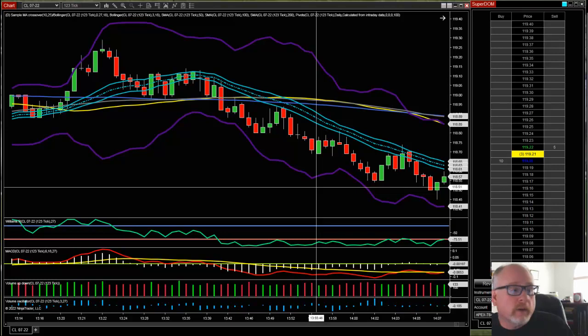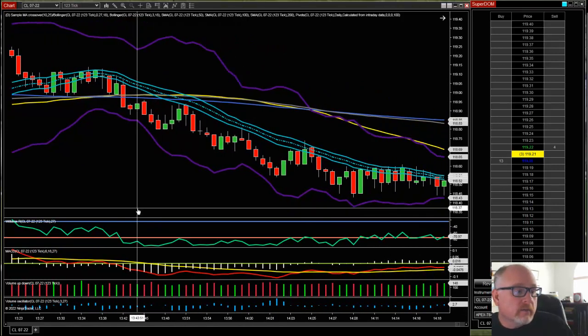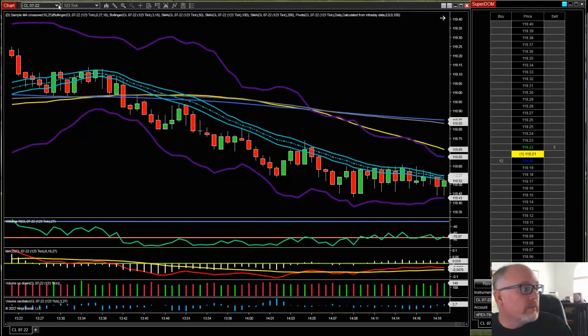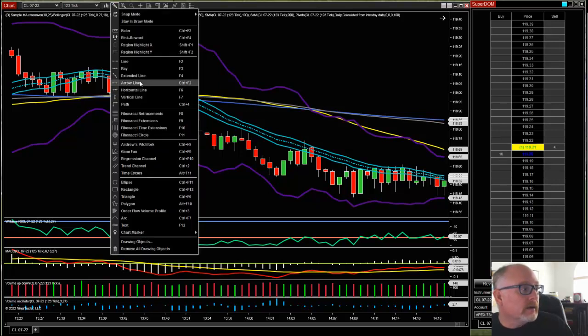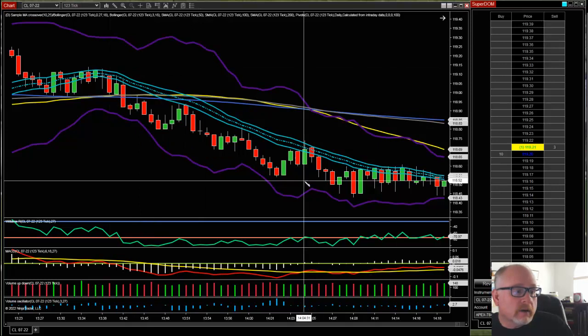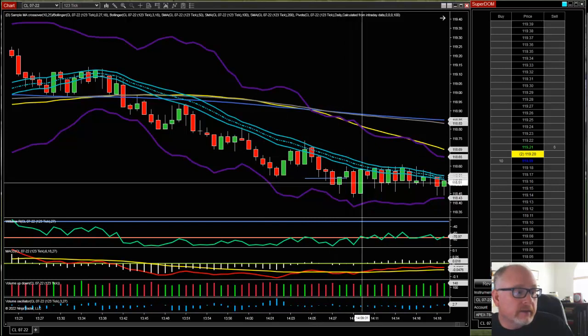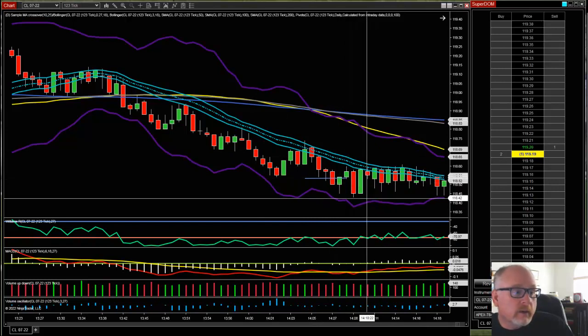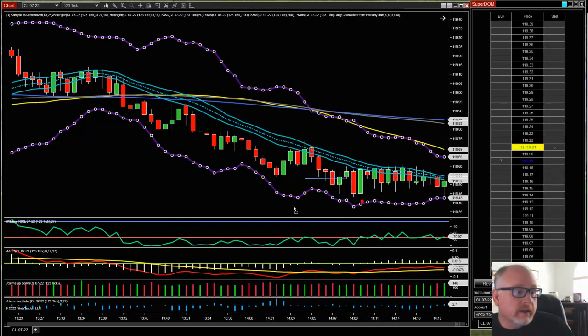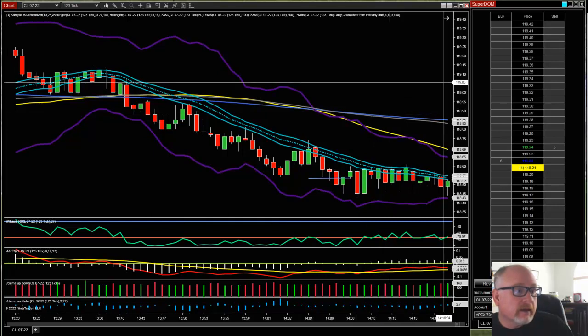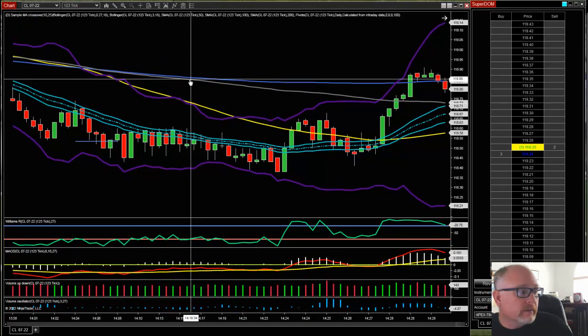We were looking for 118.53 for a 1.5p move down. Let's get our line going here. We talked about 118.53, which runs right in this area, so it did hit that. It went as low as 118.43 and rebounded there.